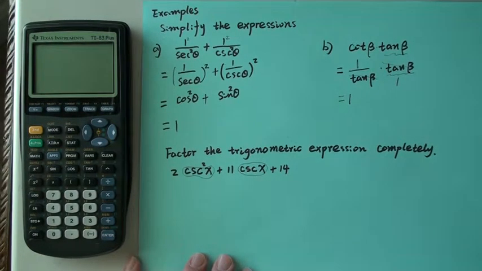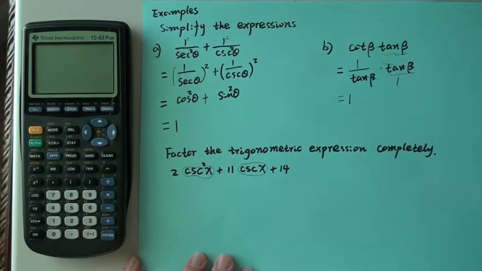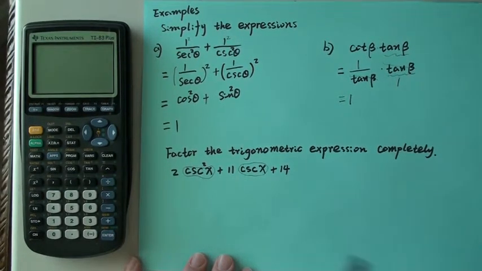That's correct. Okay, so if you view cosecant x as a single variable, then you use the previous techniques you have learned to factor that.